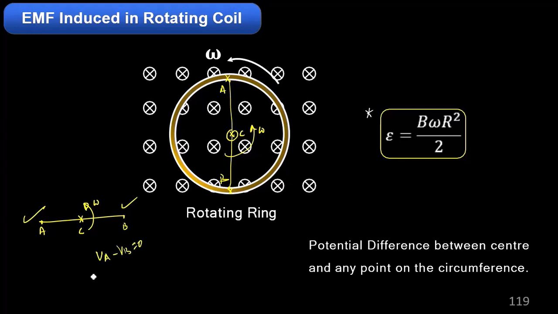Okay, so what is the formula then? Potential difference between any circumferential point and the pivot point, between the center and any point on the circumference. And C is going to be always the high potential side, center high potential হবে.